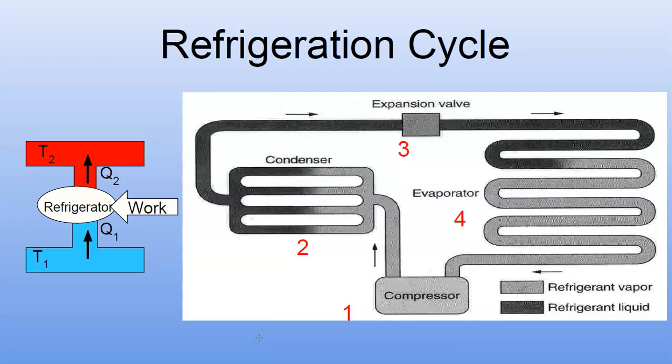Okay. Now, I think I've got just a couple more slides here, but this one is about refrigeration. We said that heat always goes from hot to cold this way. Well, it is possible to make it go the other way, and that's what we call the refrigeration cycle.